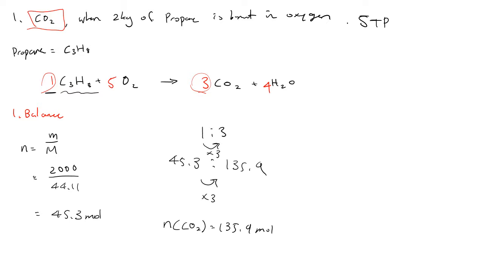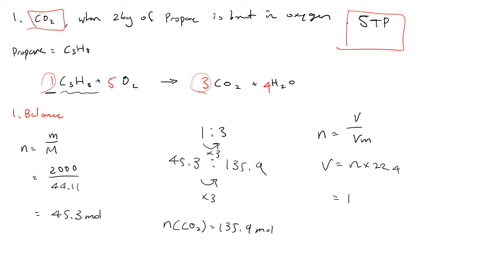Now to calculate the volume of carbon dioxide, we use this equation: n equals volume over molar volume. Since it's at STP, we can just do volume is equal to n times 22.4.